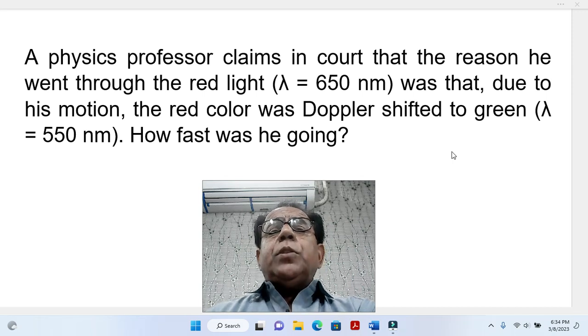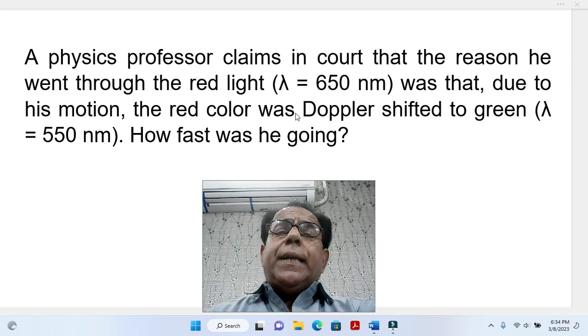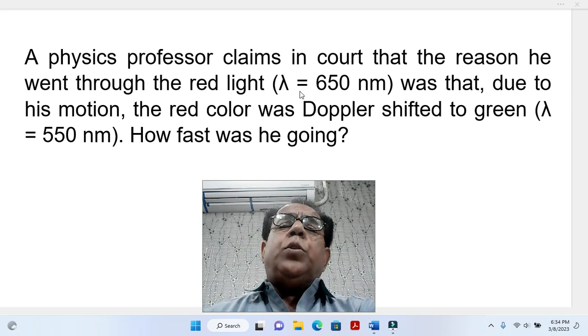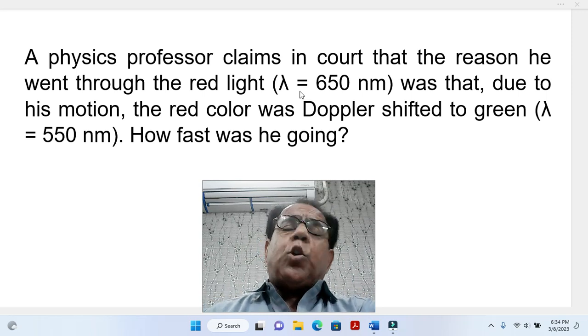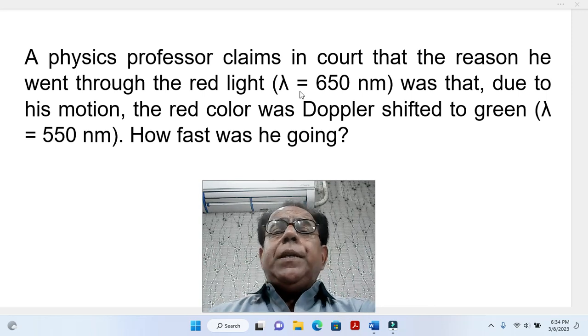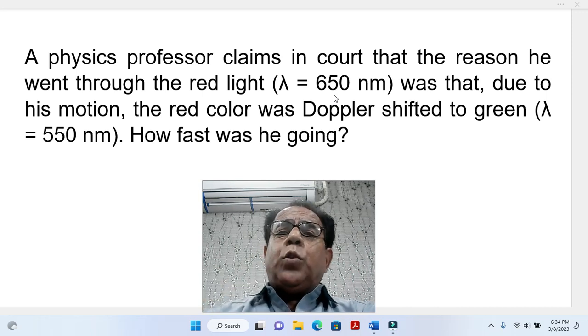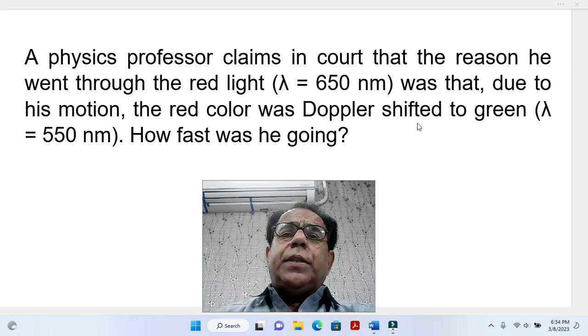So for red light we will use f naught, where naught is 0 or O written at the bottom of f as a subscript. Similarly, wavelength lambda naught equal to 650 nanometer. While for green we will use simply f and lambda, that is without naught.